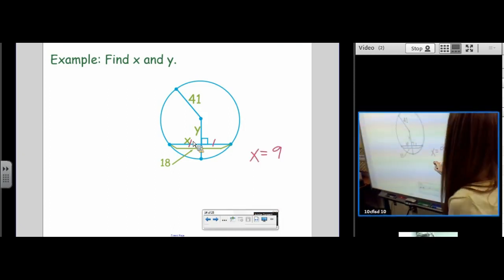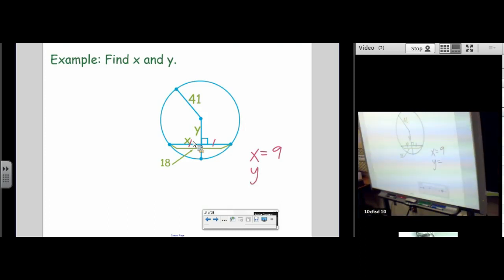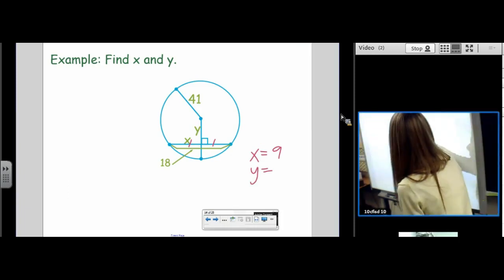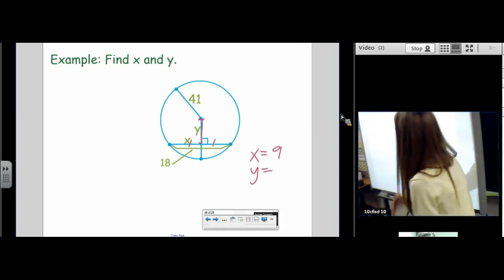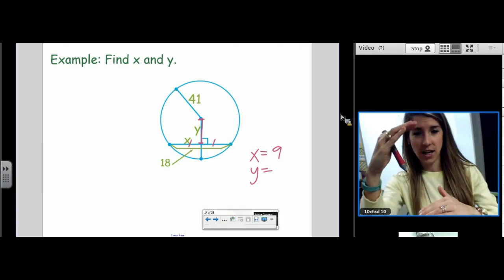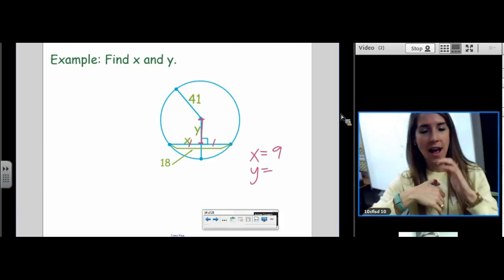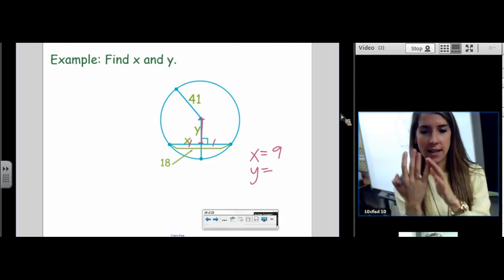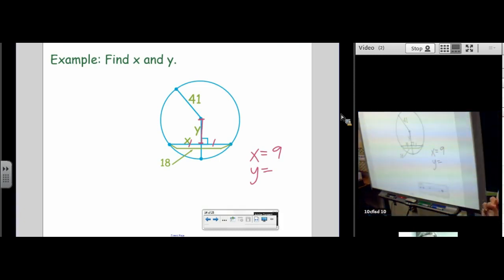But what about Y? Now, Y, by the way, is the distance from here to here. You always go from intersection to intersection. So Y was not asking for the radius. It's asking for that distance that I just showed you. You go until you see the next intersection.